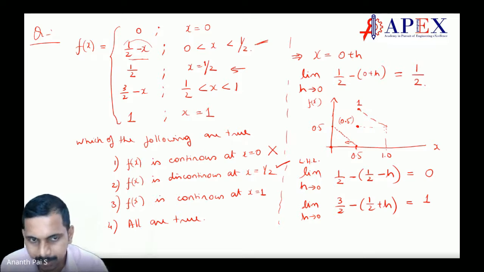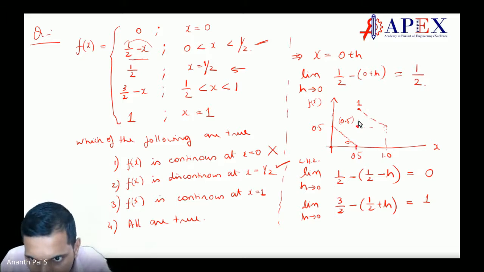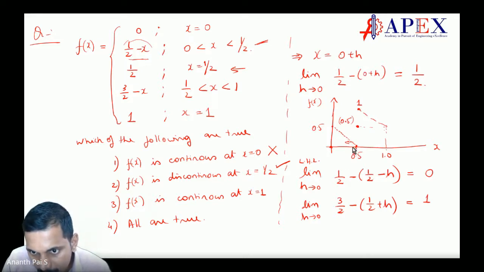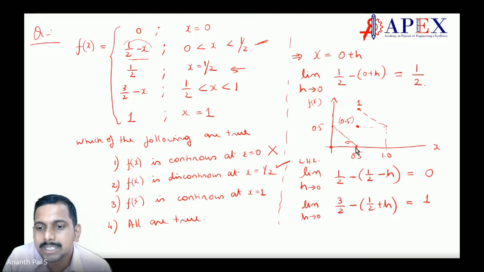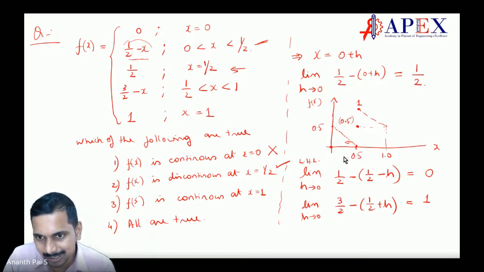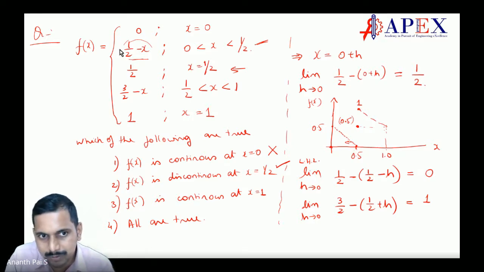See, what is happening is, in the region over here, away from this, less than 0.5, what do we have to get? 0 to 0.5, this equation has to be used, is it not? And we are going from h negative, you see, 0.5 minus h, where we are here. We are approaching 0.5 as h tends to 0. Makes sense? I'll repeat again. From 0 to 0.5, we have to use this equation.